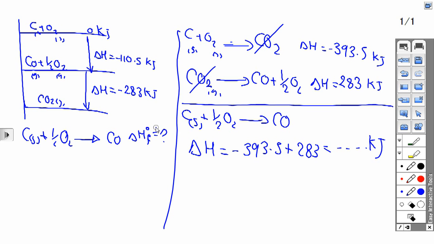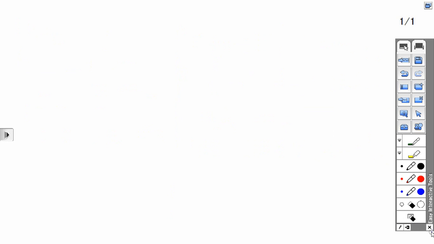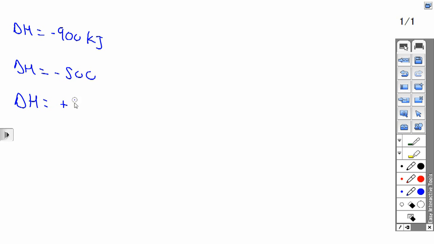Okay? Do we have a relation between the stability of the compounds and the value of delta H? Yes. For example, if delta H for a certain reaction equals negative 900 kilojoule, and delta H for another reaction equals negative 500, delta H for the third reaction equals positive 100, and delta H for another reaction equals positive 600.